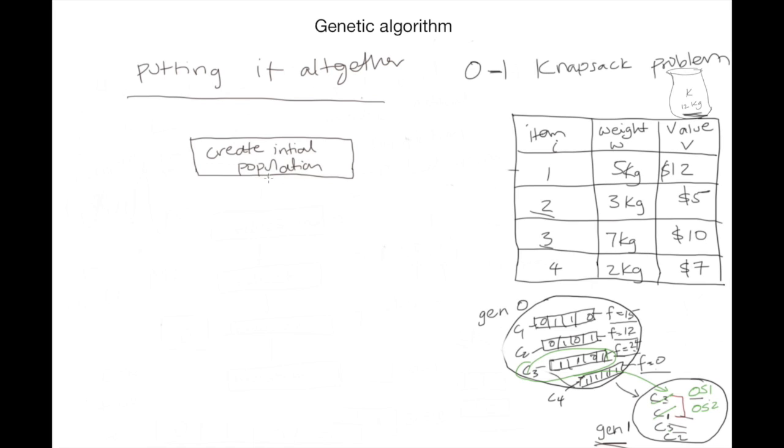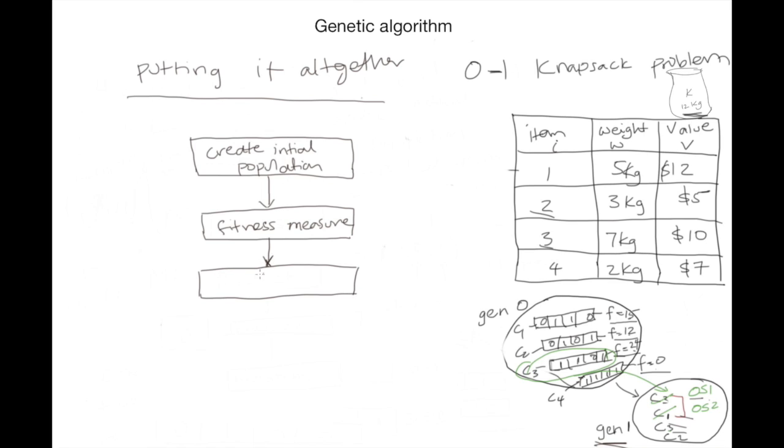With this initial random population, we applied a fitness measure to determine how good these randomly created chromosomes were. Based on the notion of survival of the fittest, we selected individuals or chromosomes for the next generation based on their current fitness measure. So the fitter individuals had a greater chance of getting selected.